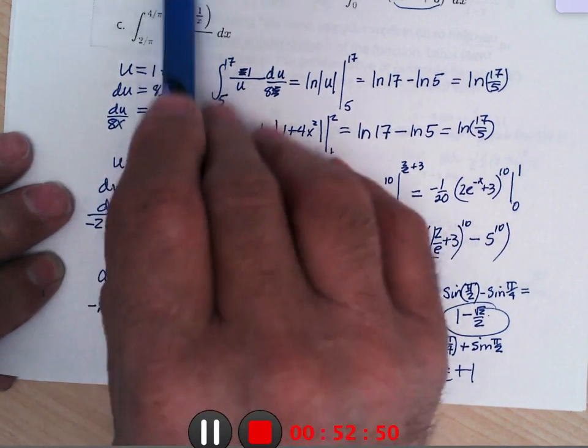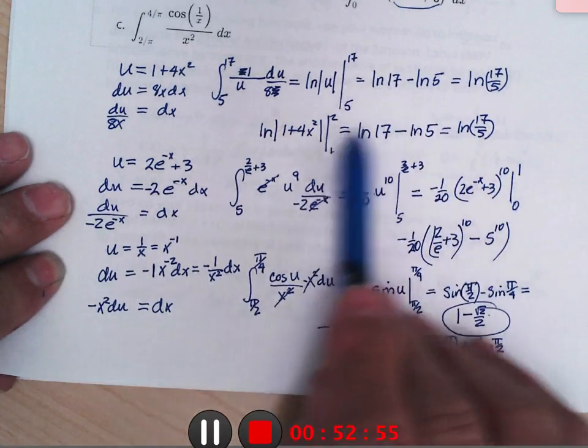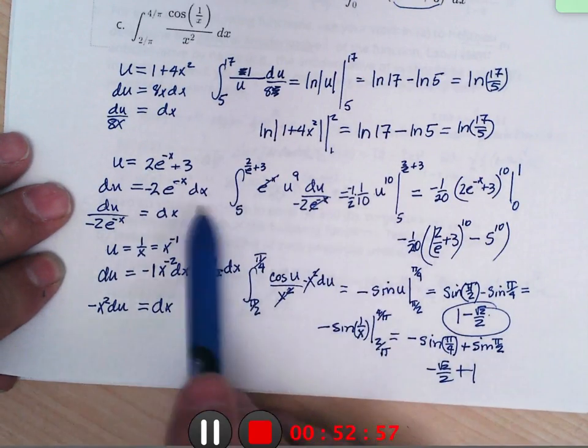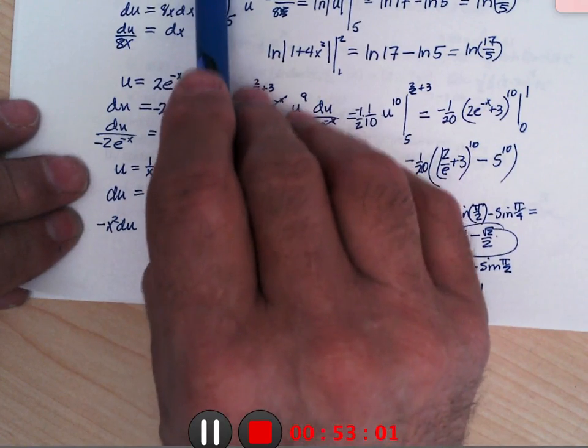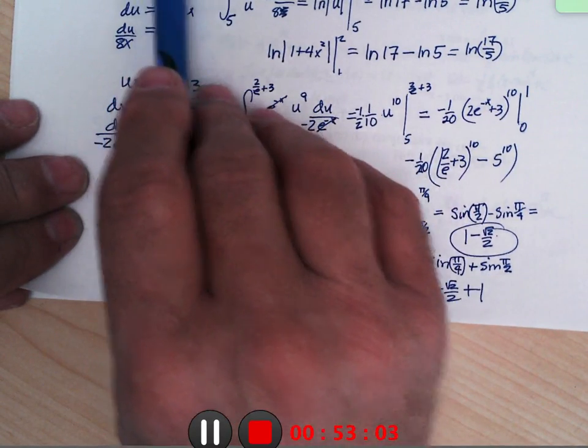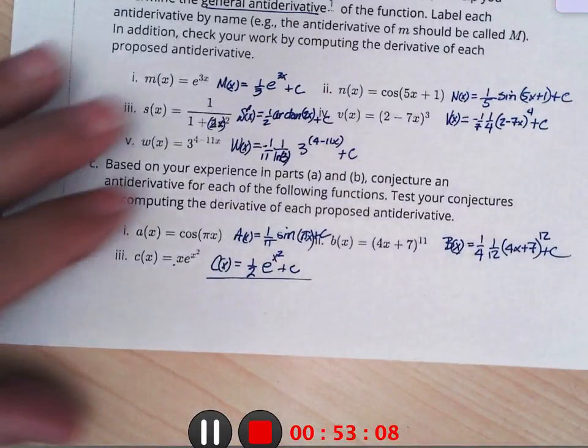In this one, it created an e to the negative x, which canceled the e to the negative x. And in this one, 1 over x creates an x squared in the numerator, which canceled. So that's what we're watching for when we're doing u sub, those ways that it cancels.